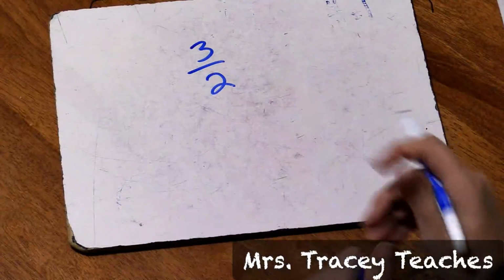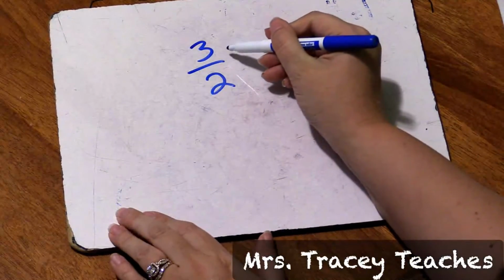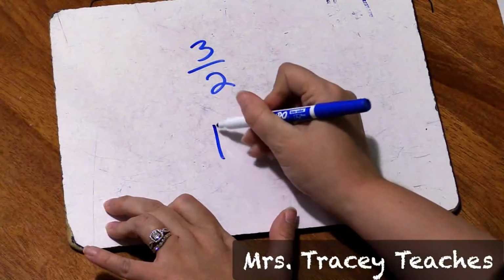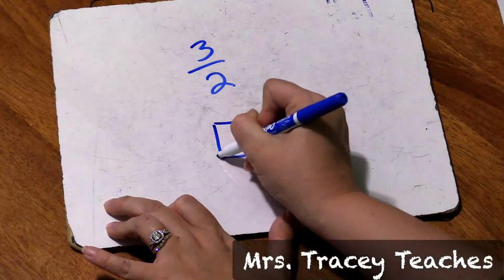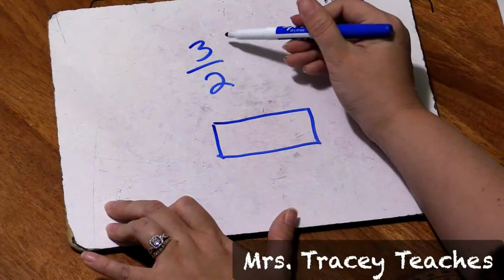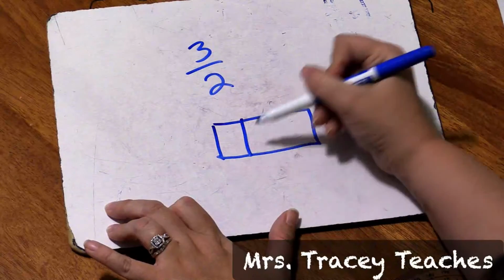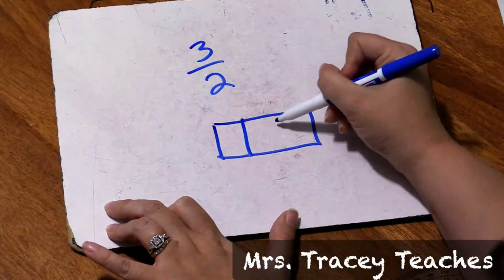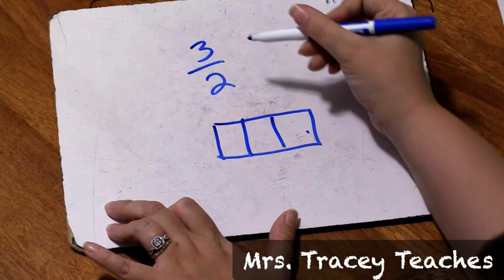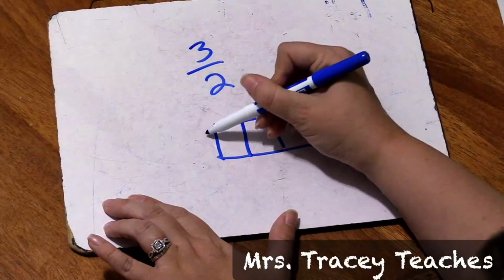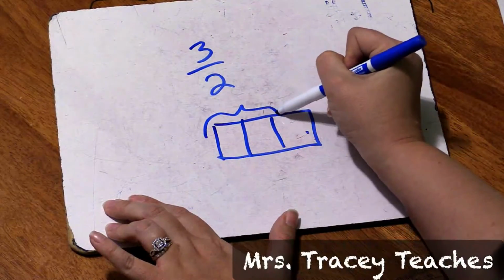And so in order to draw my improper fraction, I make my tape diagram. And now instead of the denominator, you're going to use the numerator to determine how many blocks. So 1, 2, 3. So I have 3, but 2 is my whole number because it's out of 2.